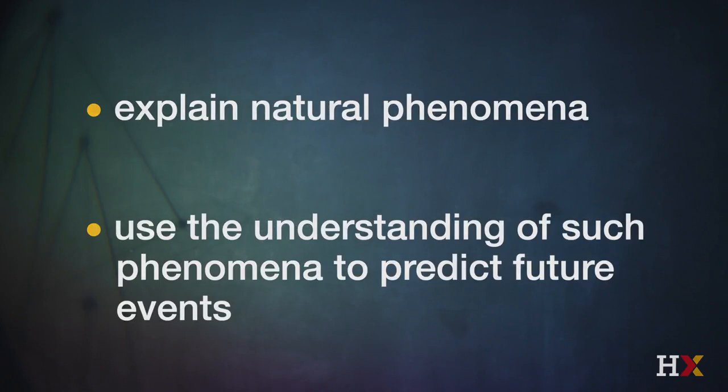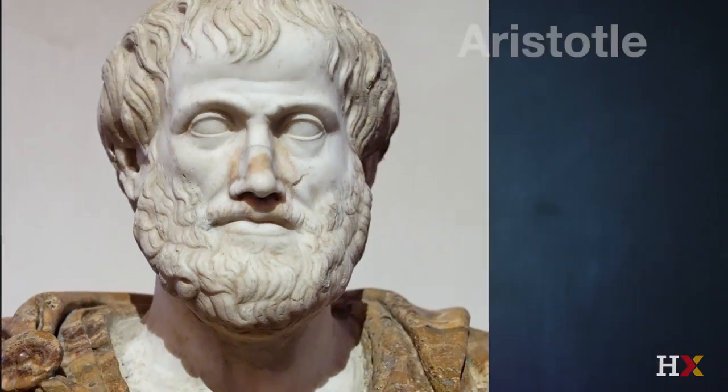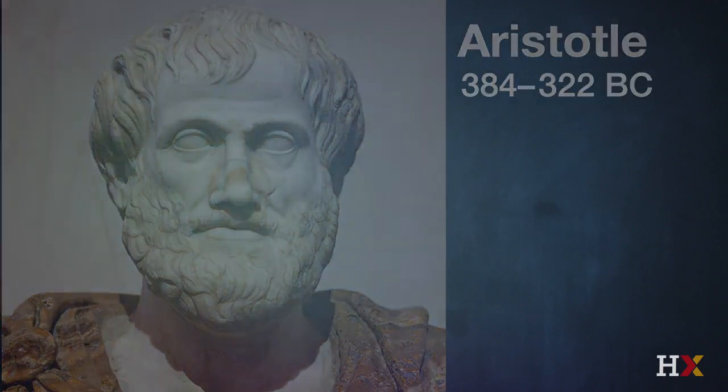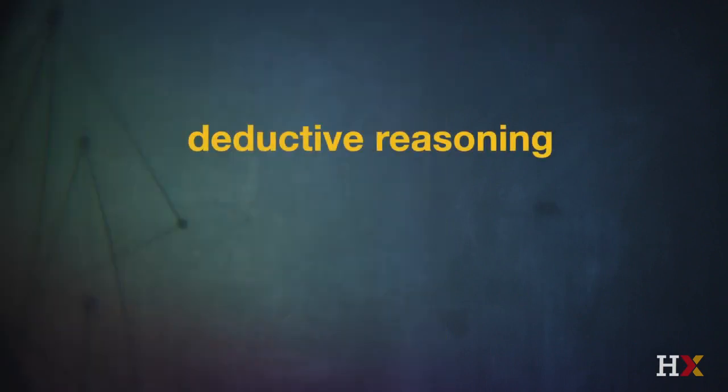And we begin with the Greeks. Aristotle, as we have learned in the core of this chapter, was profoundly important for the development of modern science. And Aristotle brought deductive reasoning to the forefront of disciplined thought. Deductive reasoning is fairly straightforward.